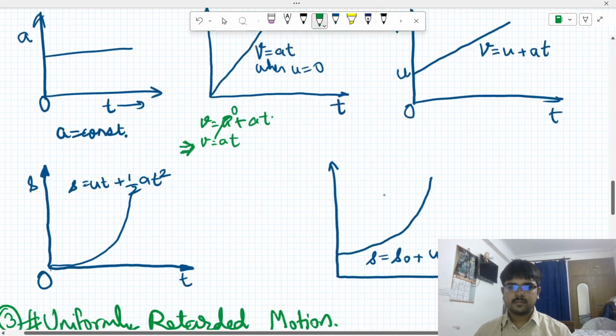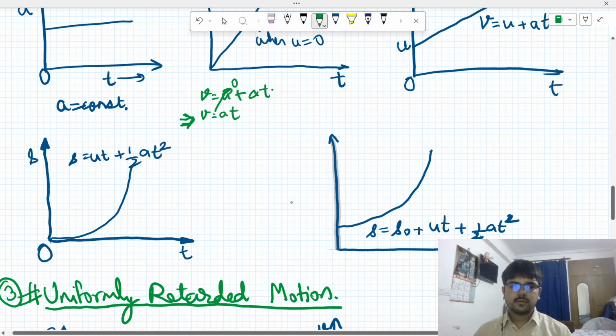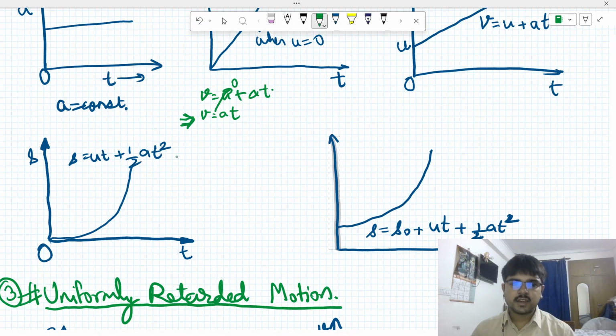Now s is equal to ut plus half at square. This has a square term, so it implies a quadratic equation which passes through 0, because when we put t equals 0, we get s equal to 0.